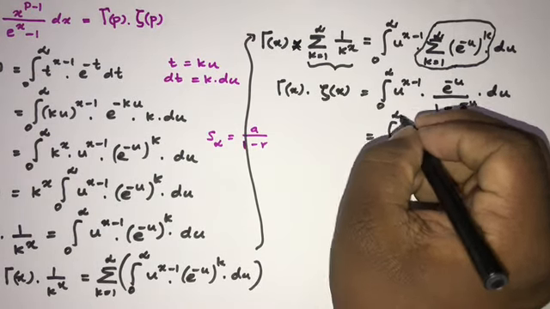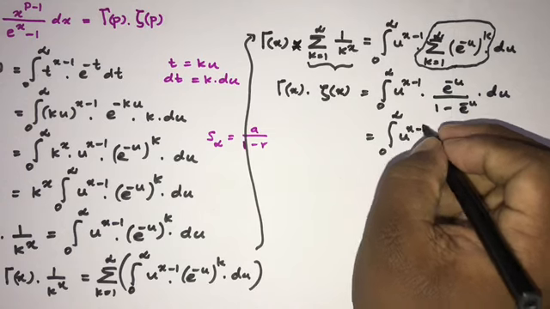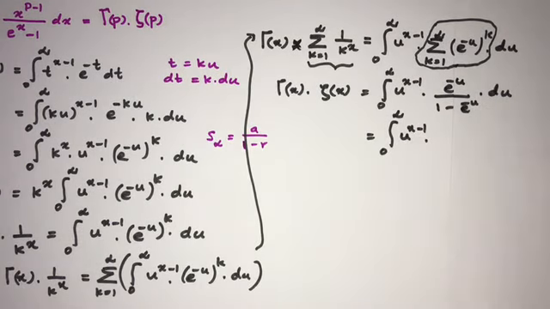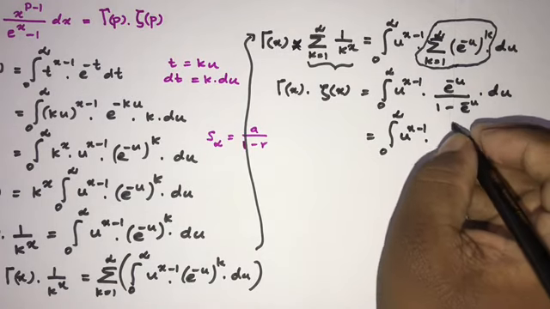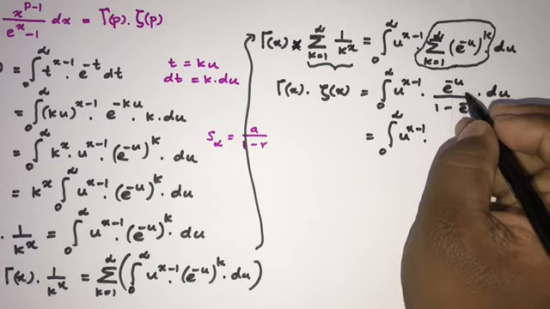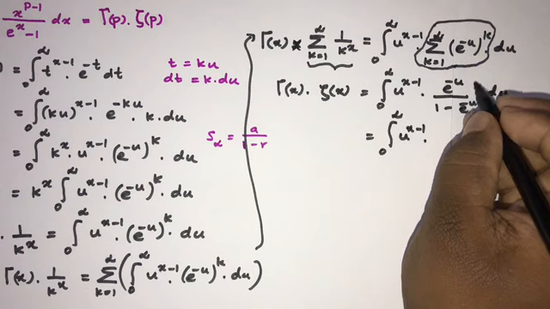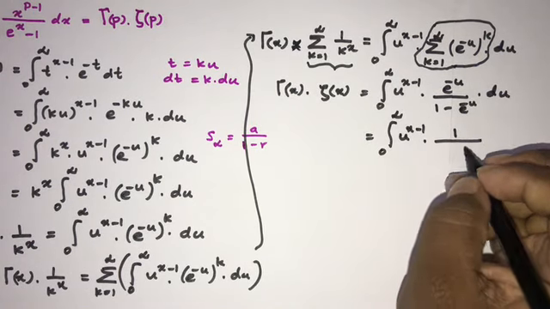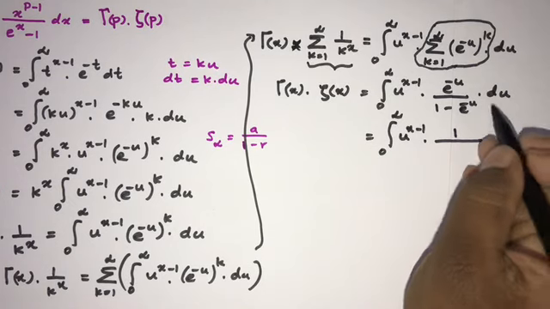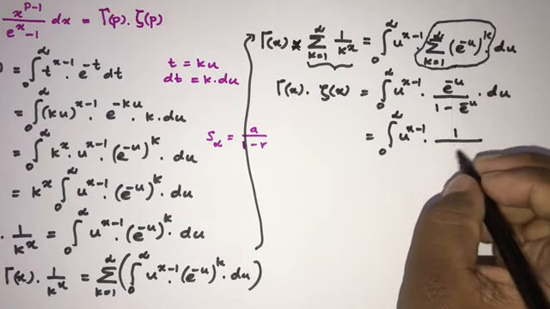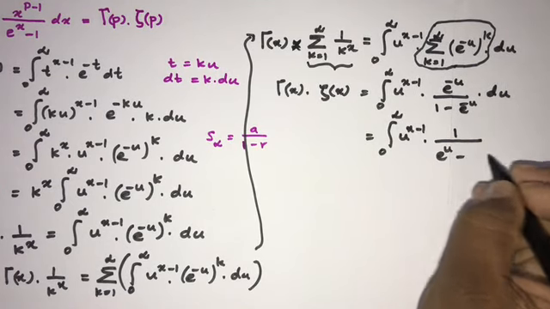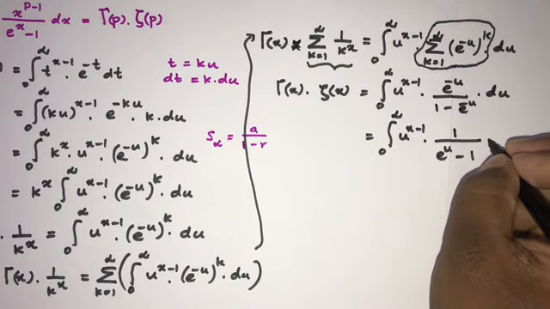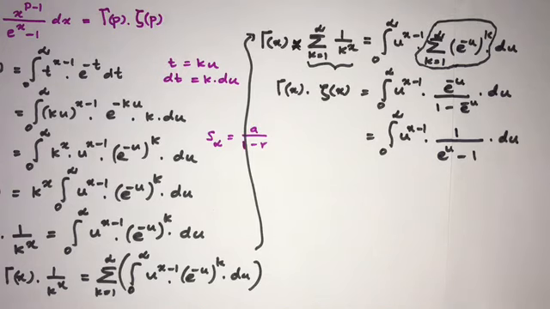Then the integral from 0 to infinity of u to the x minus 1. Now I am going to multiply by e to the u in the numerator and denominator. So if we multiply by e to the u, e to the minus u times e to the u gets cancelled, so 1 in the numerator, and in the denominator 1 times e to the u minus e to the minus u times e to the u, which cancels to 1, du.